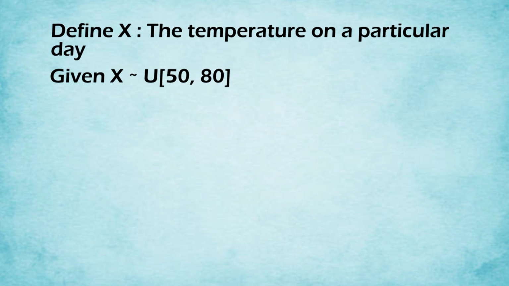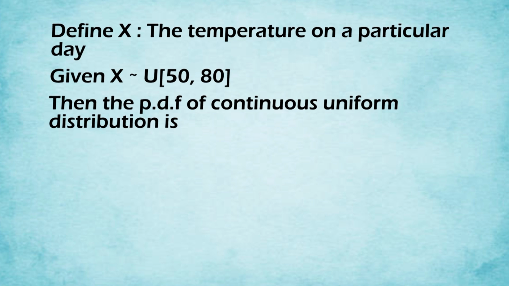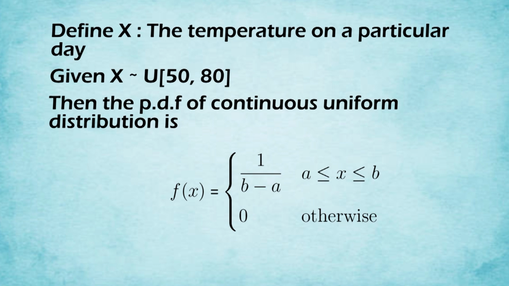Then we have x follows uniform 50, 80. Now consider the PDF of continuous uniform distribution, which is f of x is equal to 1 by b minus a in the interval a less than or equal to x less than or equal to b, 0 otherwise.